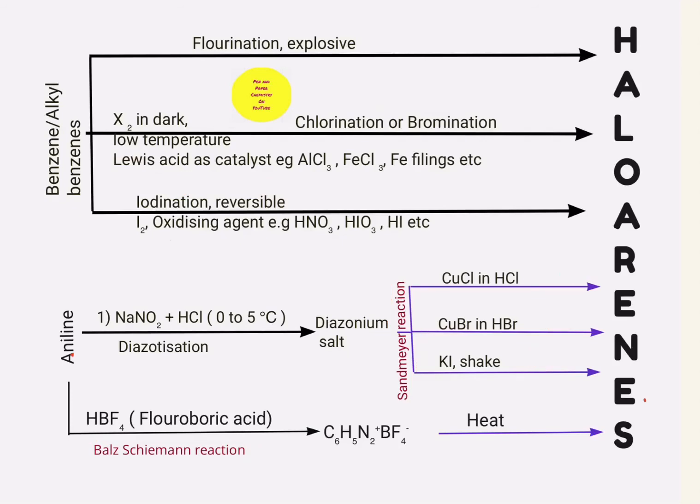You can also use different colored sketch pens for these set of two reactions. Don't use too many colors. Too many colors will also be confusing. So for example, if I am talking about halogenation, I could use one set of sketch pens, and for the Sandmeyer reaction, I could use the other set. So you know what will happen when you sit for your exams, you close your eyes and the colors will speak to you. They will give you the answer.